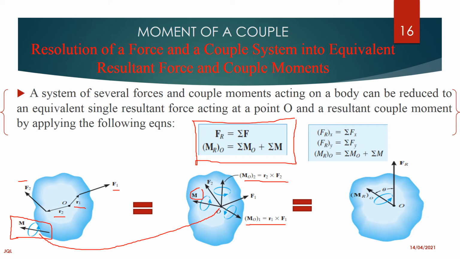So the resultant would be this, where you are going to have our resultant force plus our resultant moment, which is a summation of the couple moment plus the moment 1 and the moment 2.